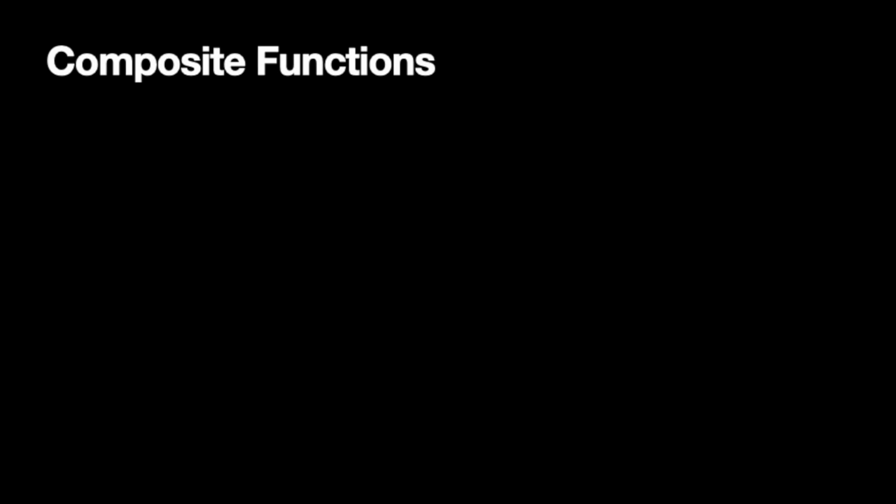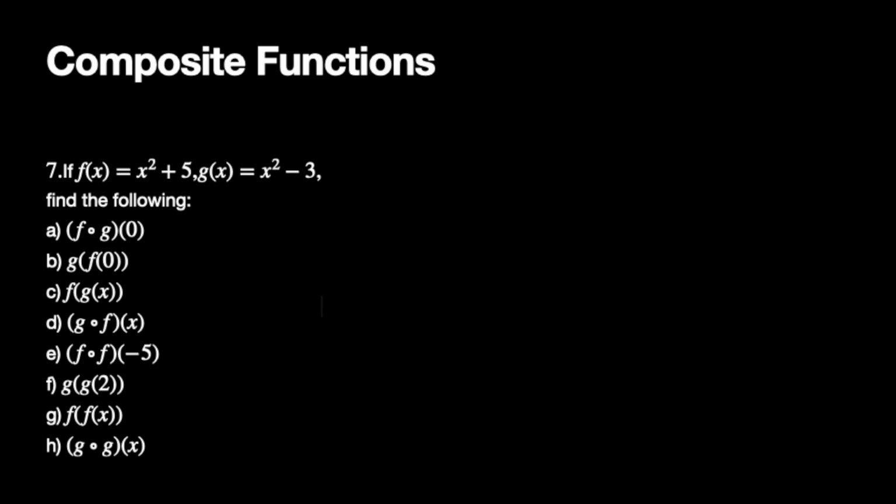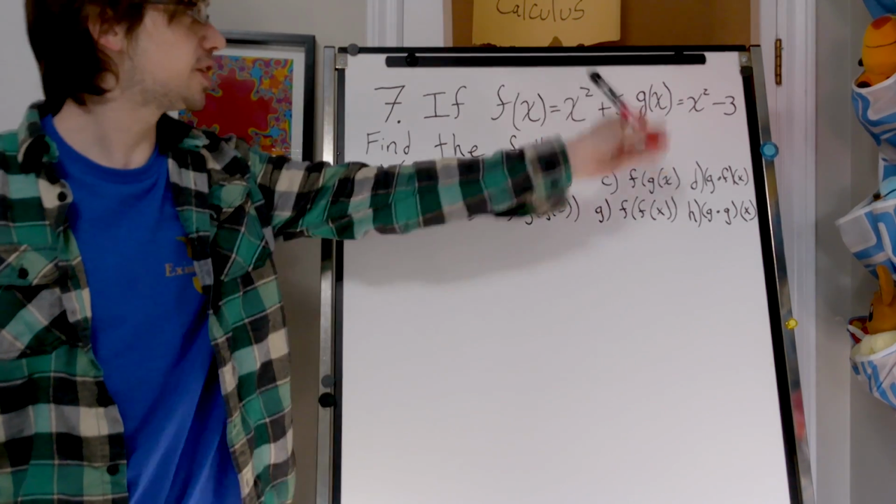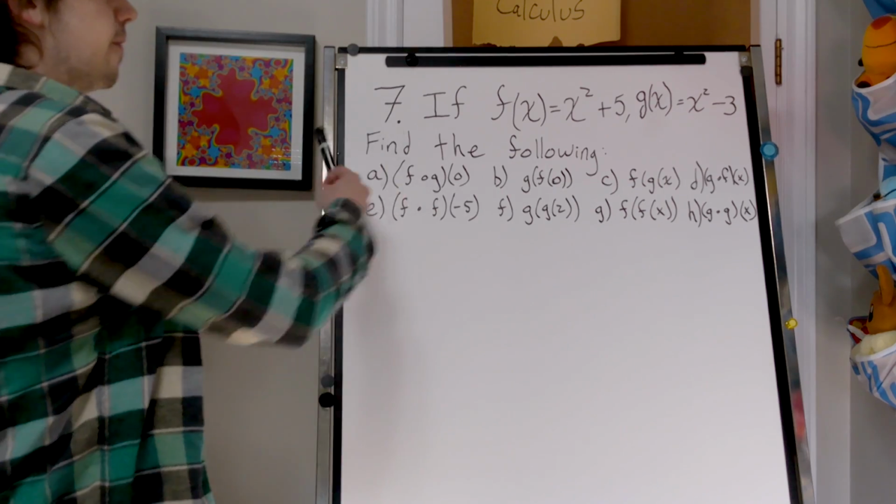Composite functions. 7. If f of x equals x squared plus 5 and g of x equals x squared minus 3, then find the following.